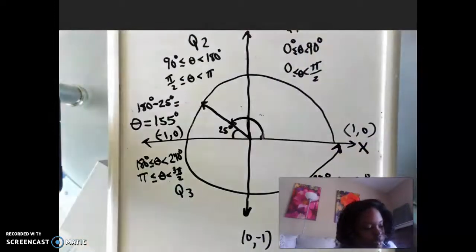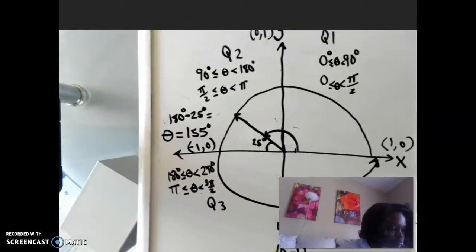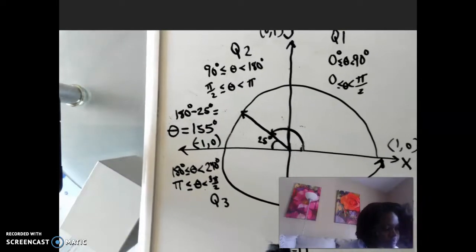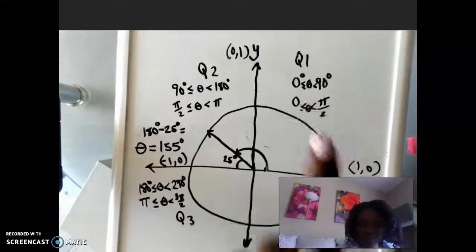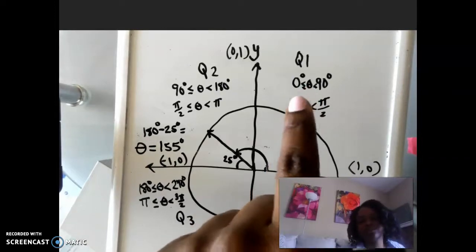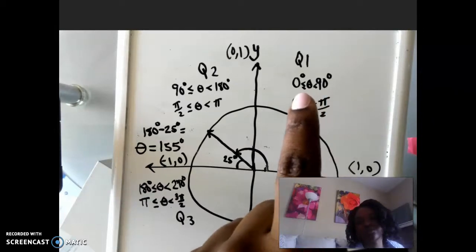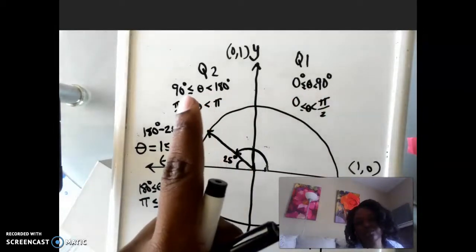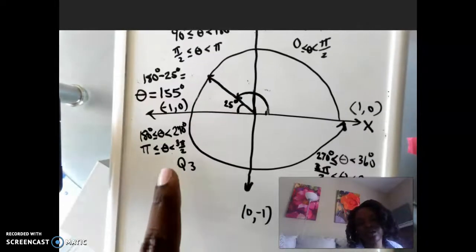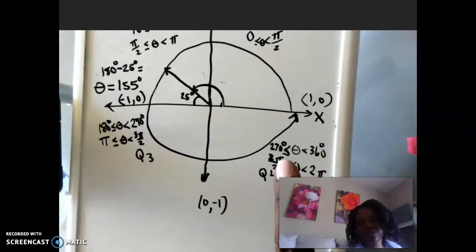So I only want to use the equal to as the smallest part of that particular interval. So I use 0 here because it's considered part of the first quadrant. 90 here is a part of the first quadrant, so we use that underline. 180 is a part of this third quadrant, we use that, and then 270 would be a part of this fourth quadrant, so we use that as well.